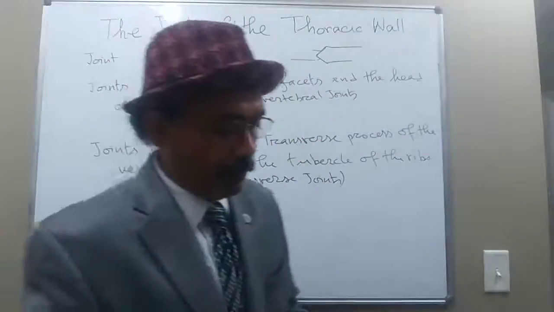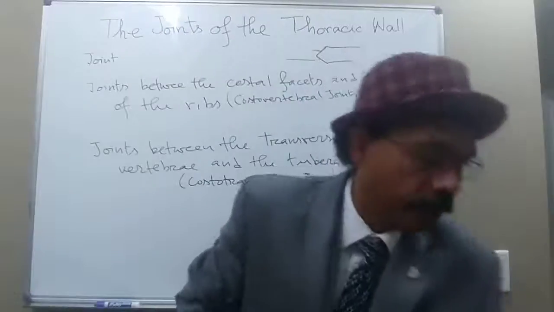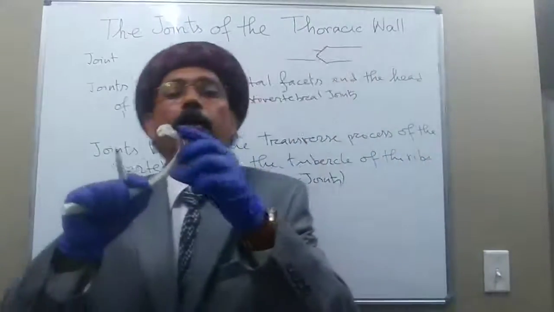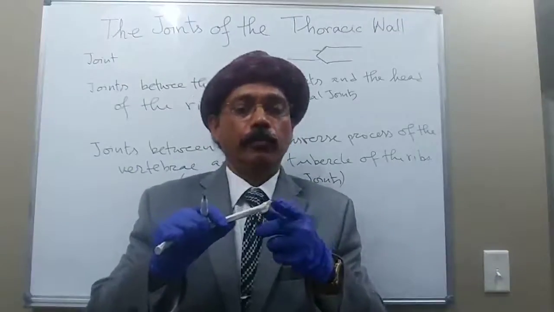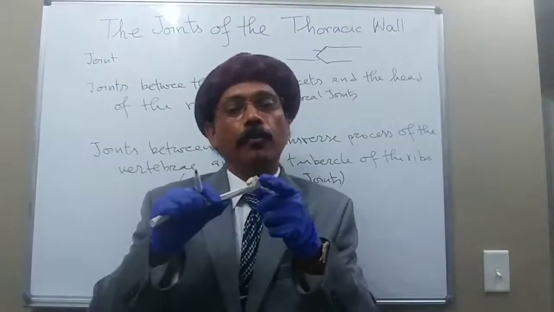Now the tubercle of the rib. If we go to the tubercle of the rib, it will articulate with the transverse process of the corresponding vertebra.